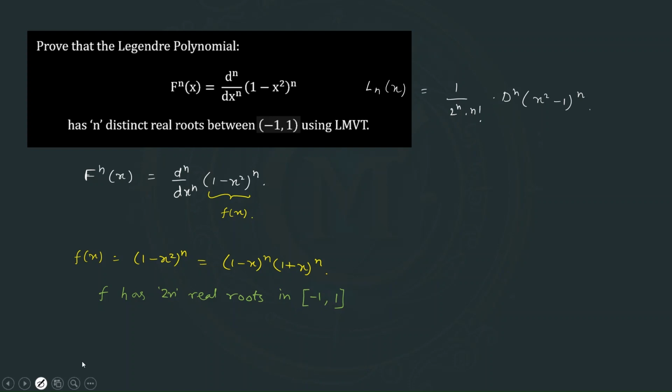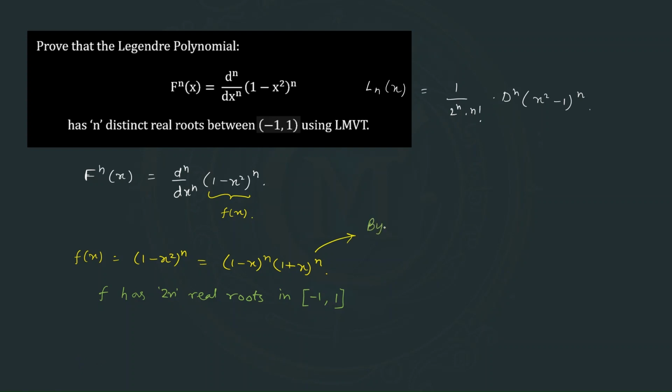So if we see, this function is continuous in the closed interval -1 to 1 and derivable in the open interval -1 to 1. So we can apply LMVT for this function.